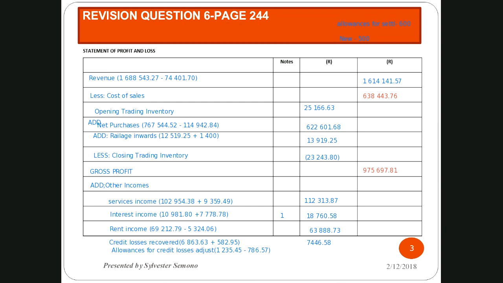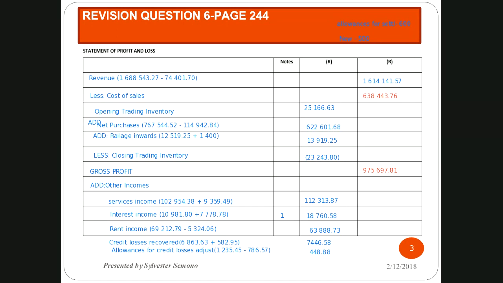Please, any questions so far? So we're going to have 112,313.87, and then we're going to add 18,760.58. We must add 63,888.73.